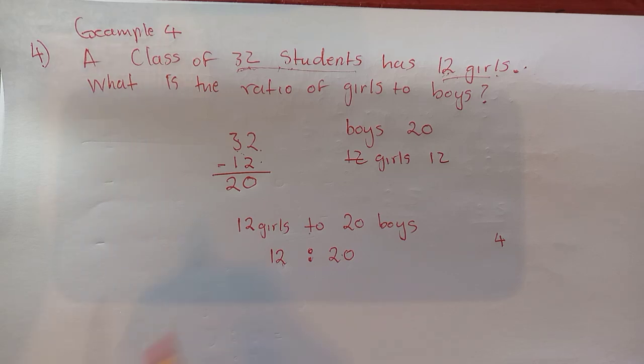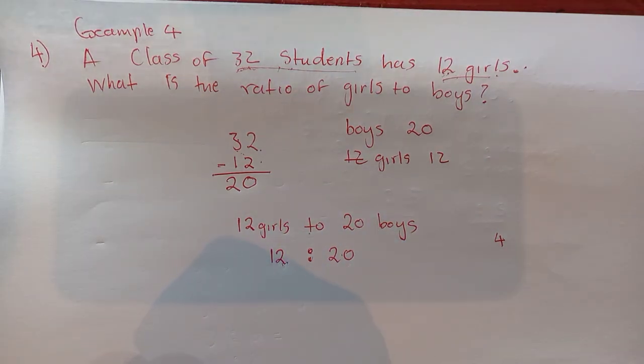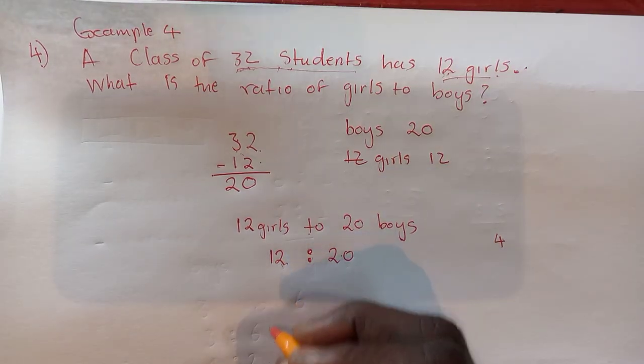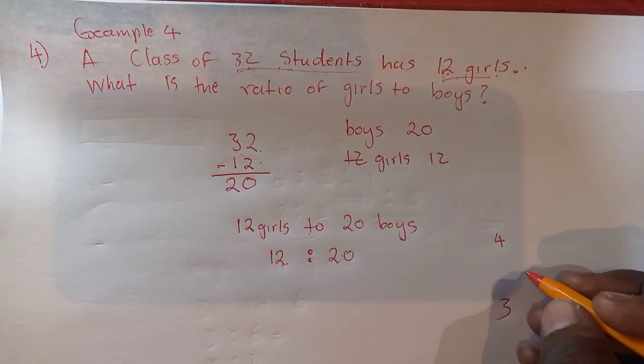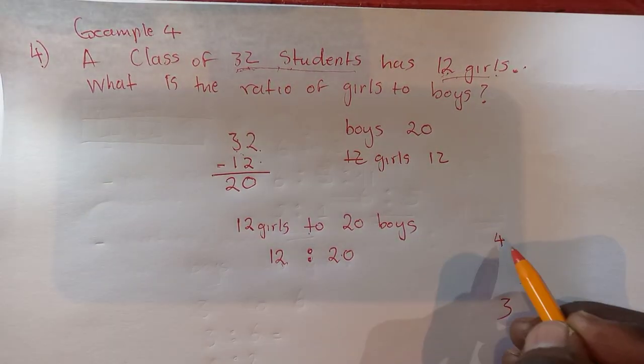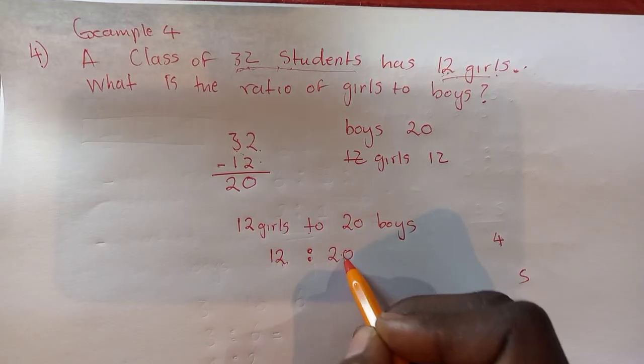Let's try 4. 4 into 12 is 3. Then 4 into 20, does it leave a remainder? No. 4 into 20 goes 5 times. So we found that 4 is the common factor which can go into 12 and 20.